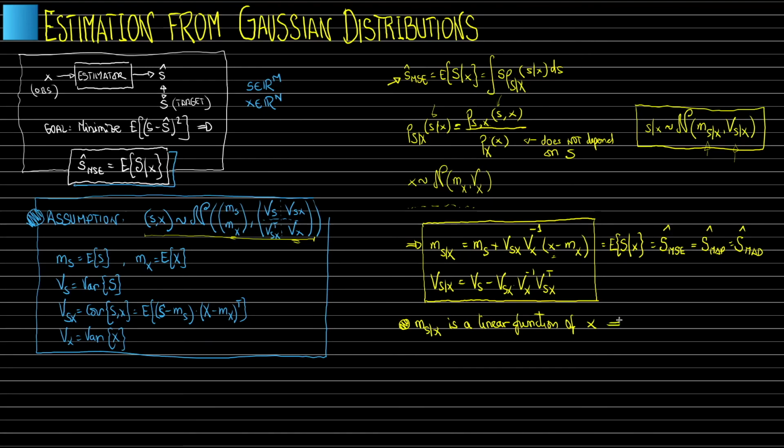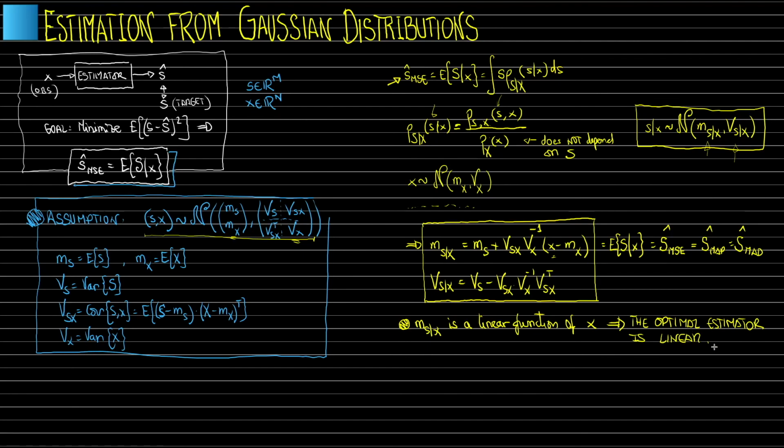So an important consequence of the estimation in the Gaussian case is that the optimal estimator is a linear function of the observation. Okay.